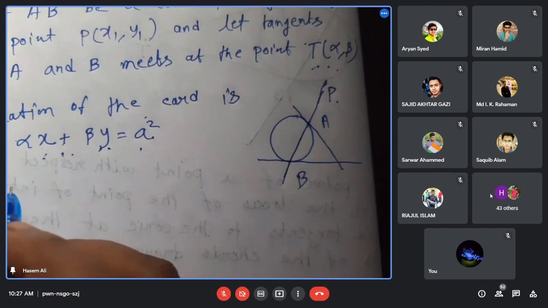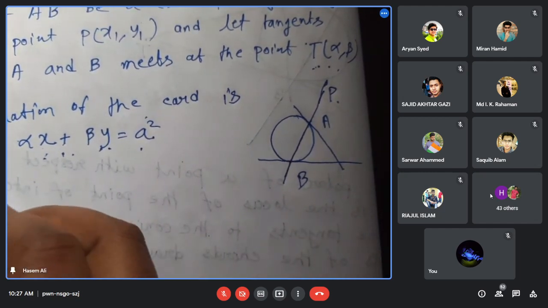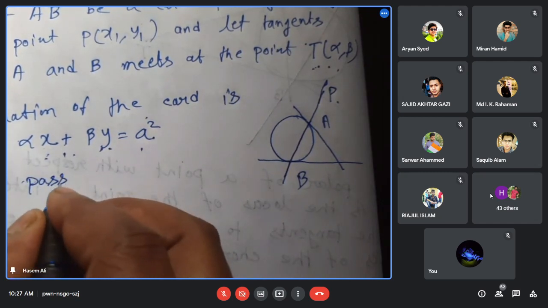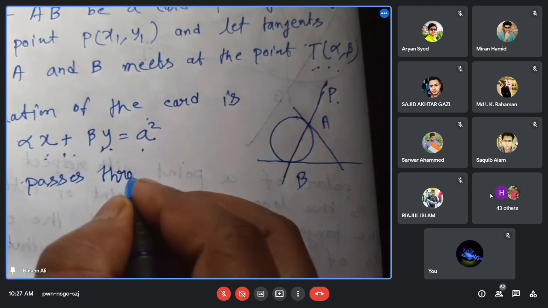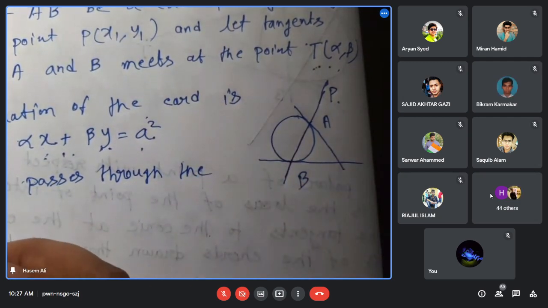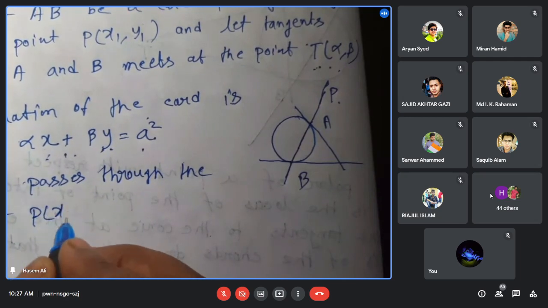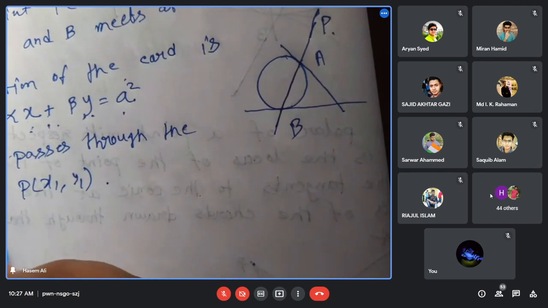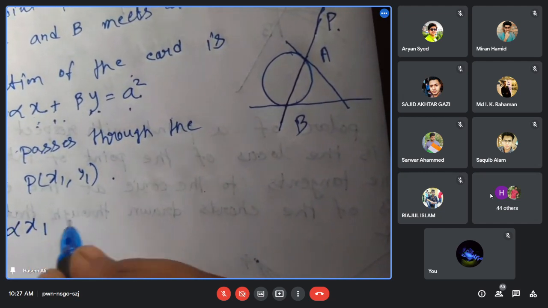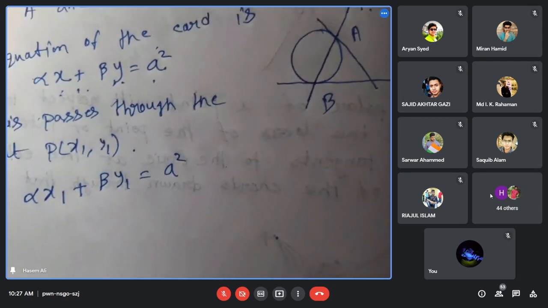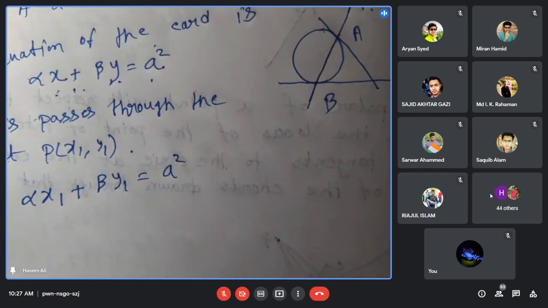So this passes through the point P (x1, y1). That means we have alpha x1 plus beta y1 equals a square.